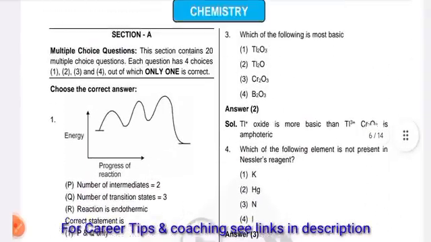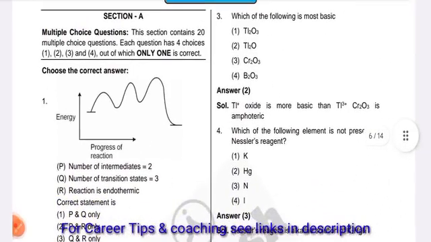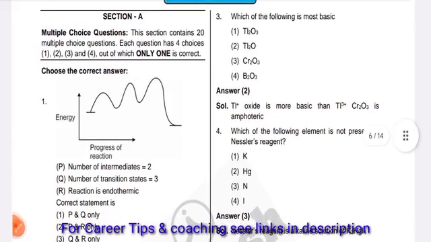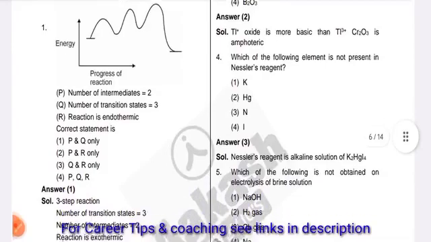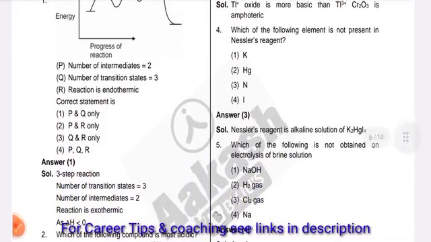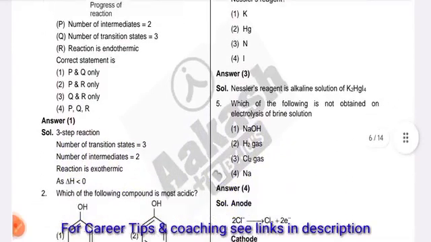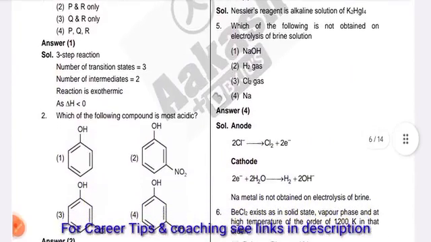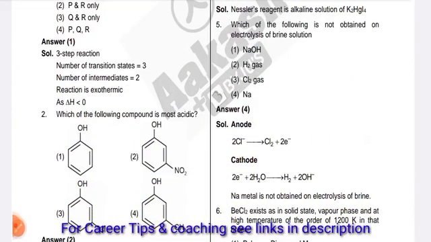So like that, I'm just scrolling down, you can see here. Which of the following statements is most basic? That is Tl2O, that is the third question. And the fourth question is, which of the following elements is not present in Lassaigne's reagent? The answer is nitrogen. And which of the following is not obtained on electrolysis of brine solution? That is sodium.